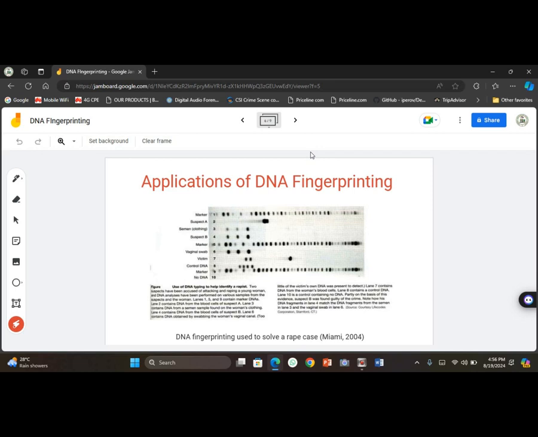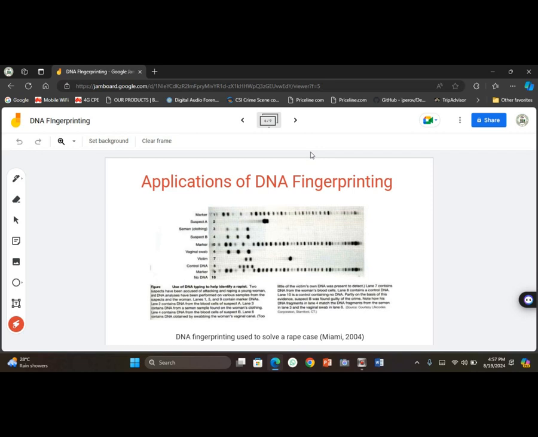Detectives only had to match the DNA of the semen found at the crime scene with the DNA of any potential suspect to determine who was guilty of committing the crime.